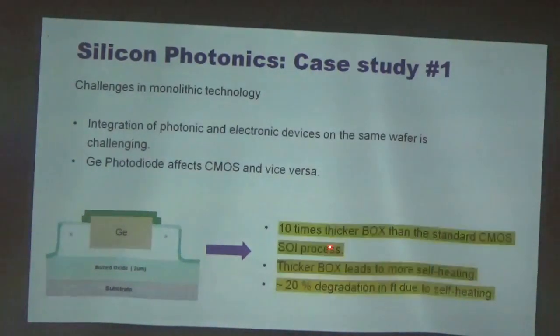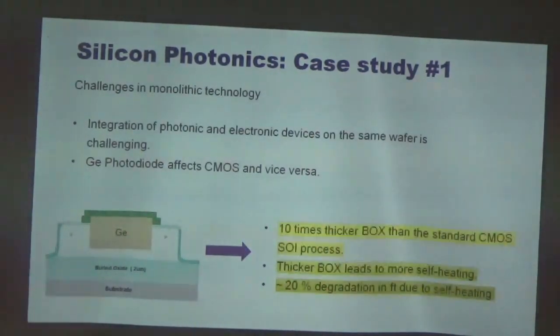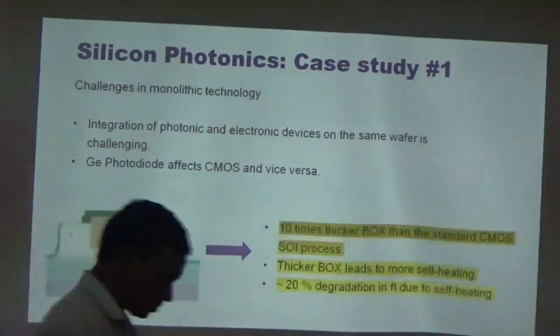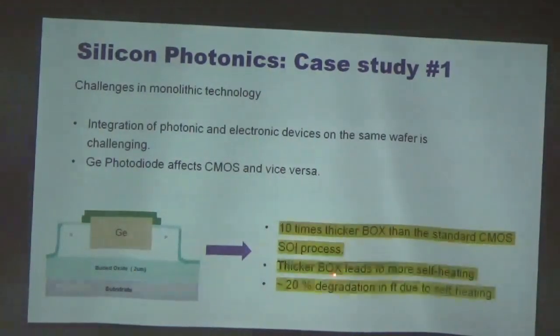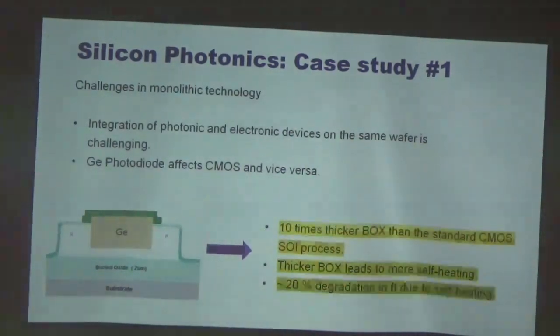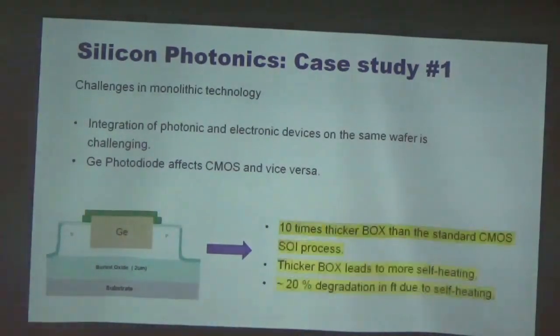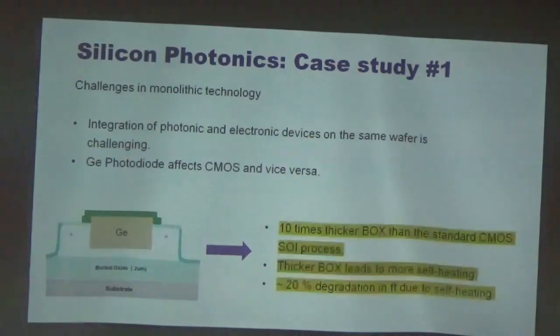But silicon dioxide is a glass, a very poor conductor of heat. So when you make a thicker box, more self-heating will happen, and that's why the device performance will degrade. Just by introducing this device, your other device is impacted and its performance is degrading. Ideally, if you don't have this, you will get a good performance in silicon.